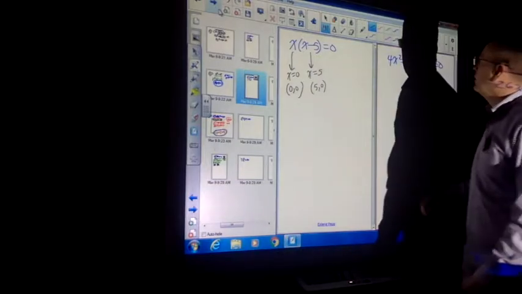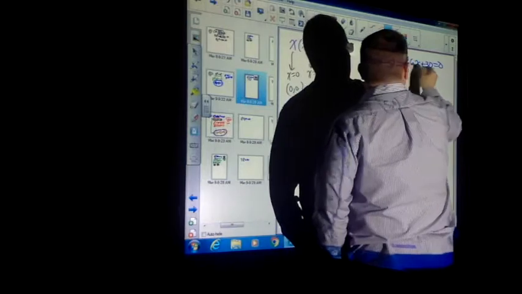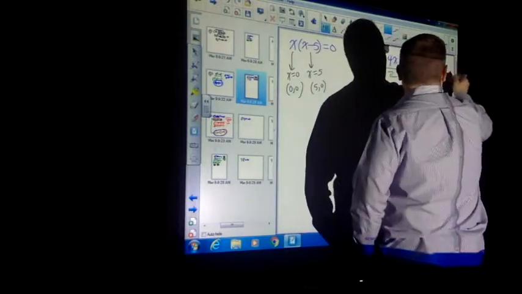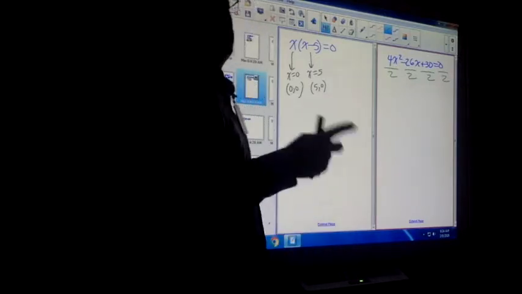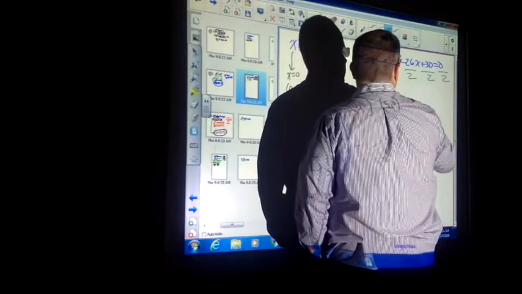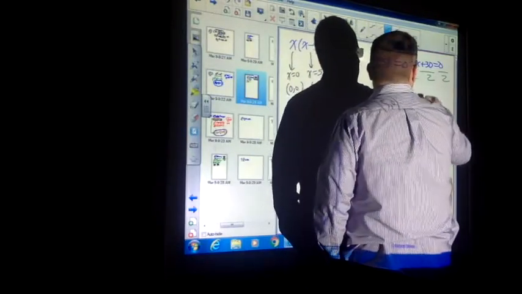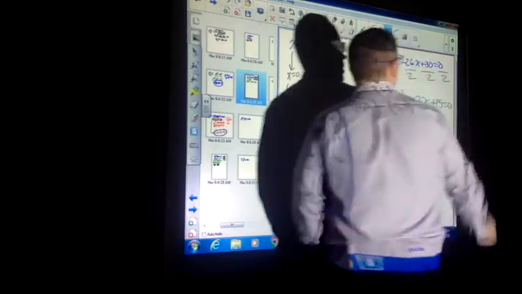Make sense? So I could factor out the greatest common factor, or I could just say I'm going to divide all of these by 2, including the 0. Because I'm not really worried about factoring out the greatest common factor, I'm trying to solve it. So I get 2x squared minus 13x plus 15 equals 0.